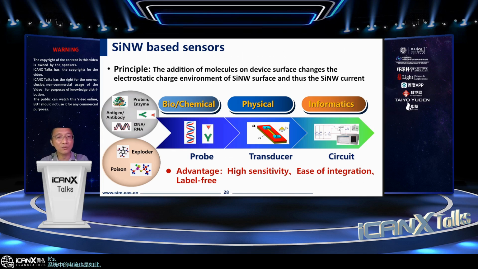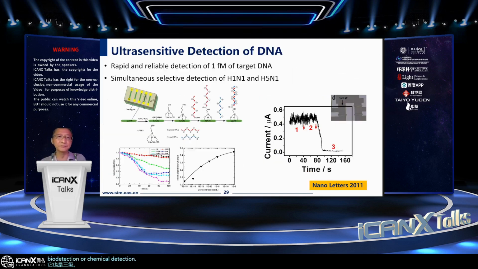It's so sensitive because it's in nano scale. So we can have the sensors with high sensitivity, and it's also very easy to integrate, and it's also label-free for bio detection or chemical detection.